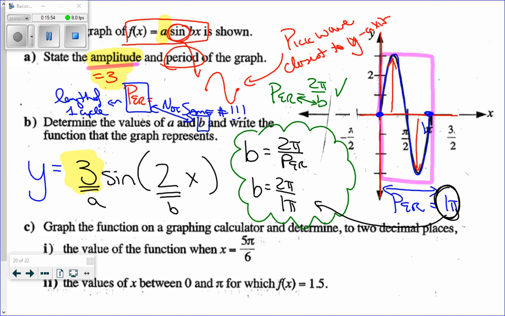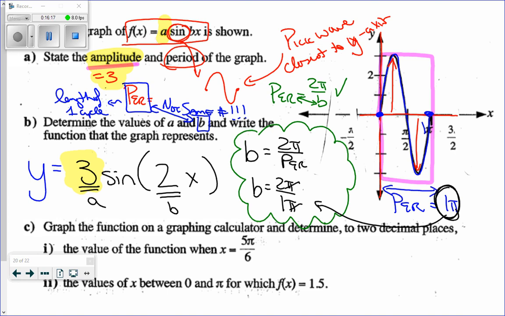Did you get out 2? Yeah? Or 2 pi, because essentially the pi's are crossing off, right? So 2 divided by 1 is just 2. So that's why I said you don't have to plug in your calculator, because you should just kind of know that. Okay? But if you want to go on autopilot, the formula works.